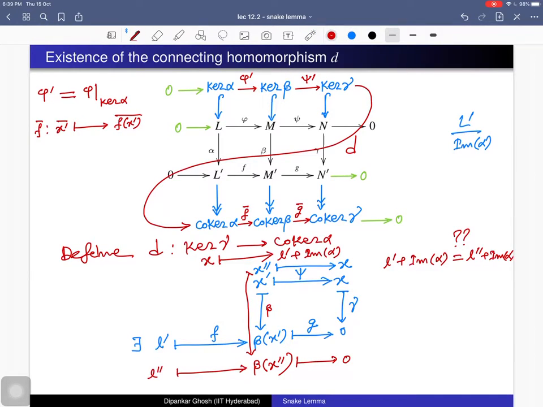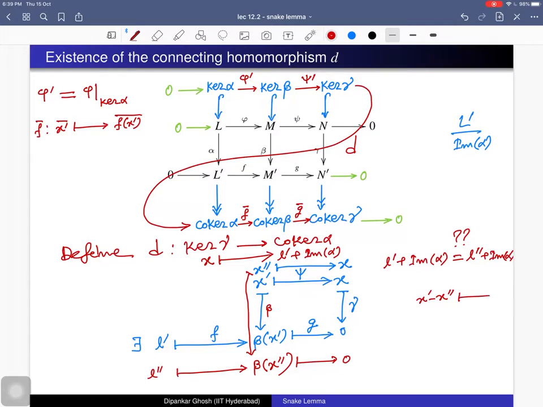So far we have not used this map and this map to construct this connecting homomorphism. So let us use this x prime minus x double prime. Since the image of x prime is x under this map, and the image of x double prime is also x under this map psi, if we take their difference and apply psi, then we should get 0.